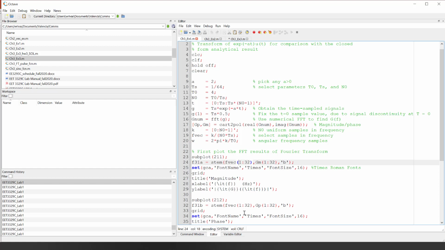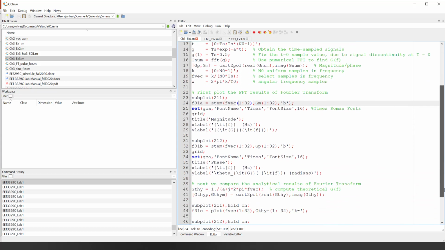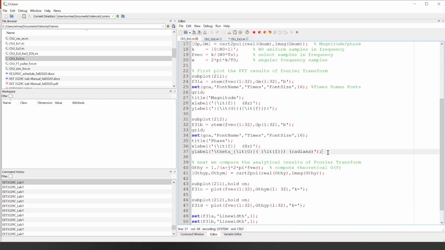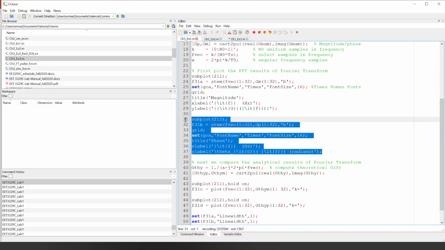We could have plotted more if we wanted to, or we could have plotted them all. There's no good reason to do or to not do that. And then the rest of it is just putting labels and the grids on the graph, excuse me. Also, what we're going to do is plot the phase as well, okay?